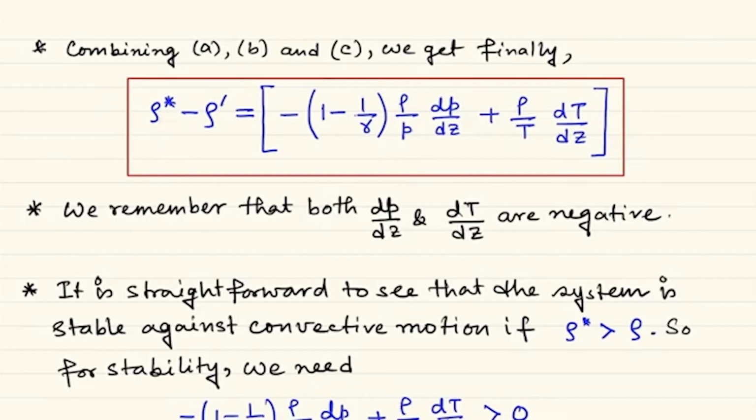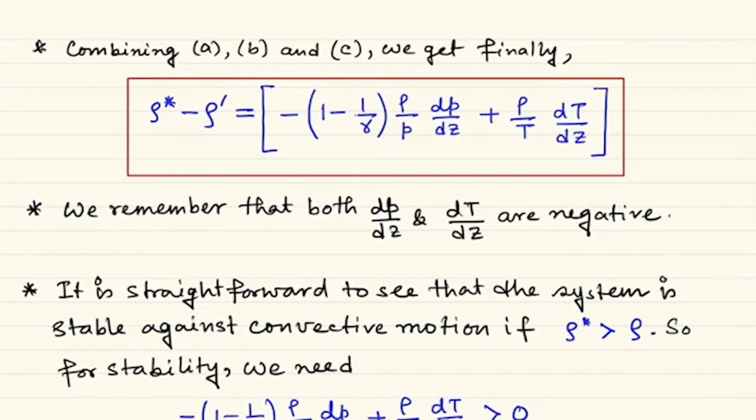But if rho star is less than rho prime, the blob's density is less than the surroundings' density, then the blob will find itself lighter in its new position, and it will be dominated by the buoyant force, which will help it go further vertically upward.